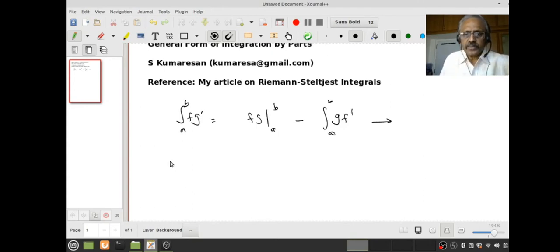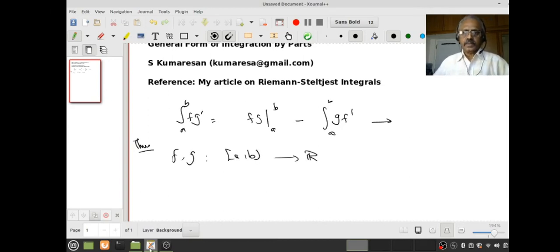So today what we want to prove is the very general version. This is the theorem we want to prove: let f and g be bounded functions from [a, b] to R. Assume they are bounded functions. Assume that f belongs to R of g.